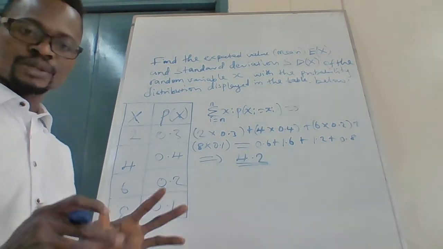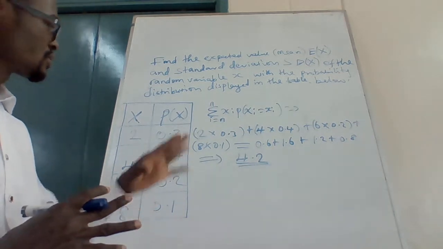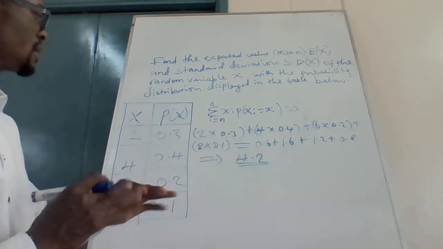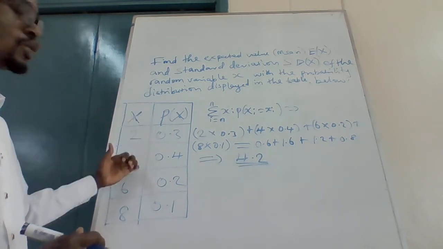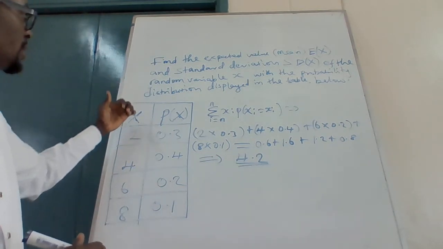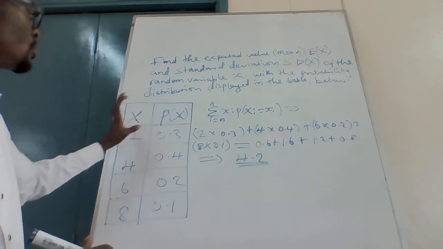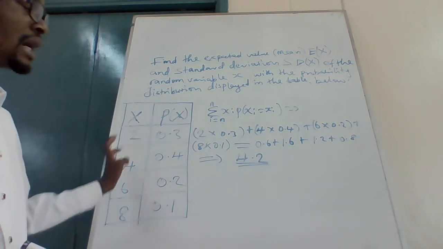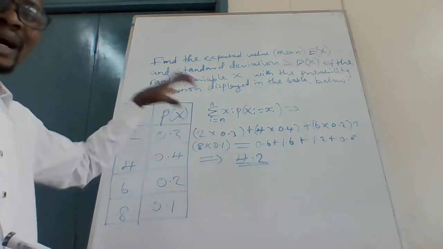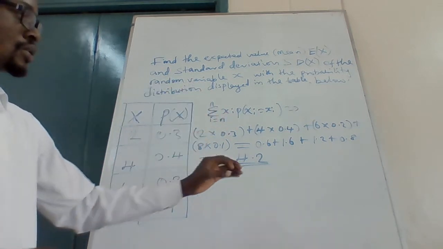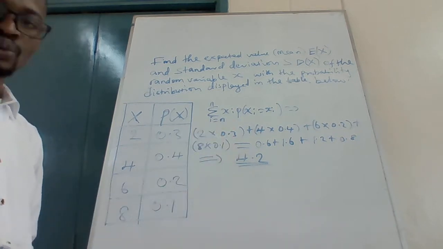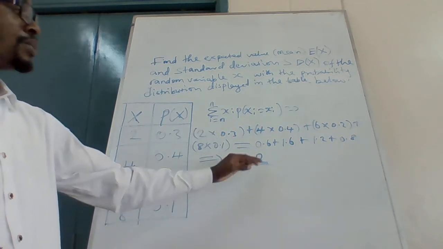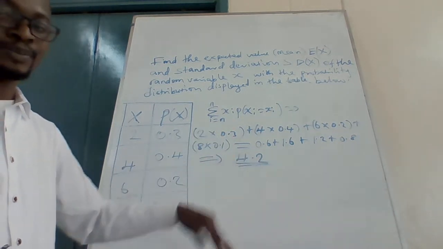So you follow systematically and you are good to go. First of all, you calculate the expected mean, and to calculate the expected mean is simply to multiply the random variable with its probability and then add the products, which we have done, and we have 4.2 here as our expected mean.